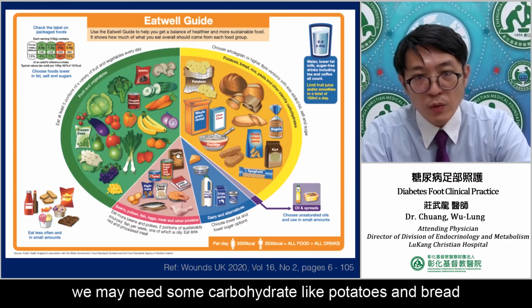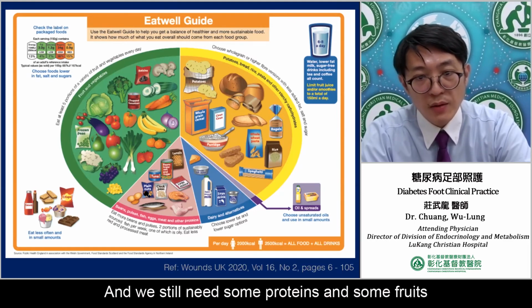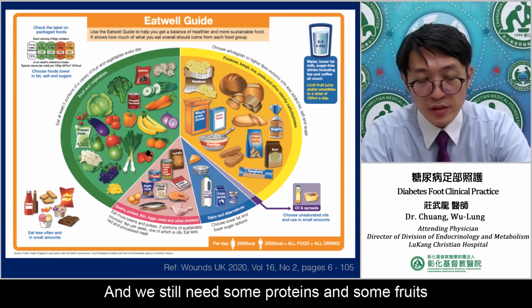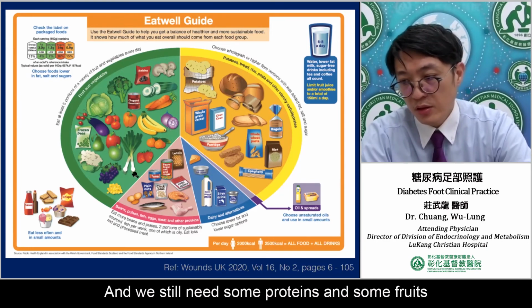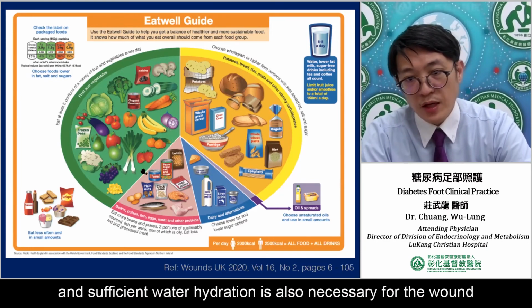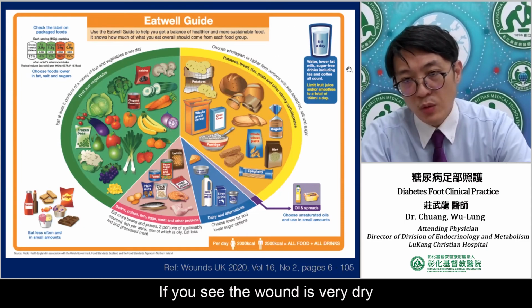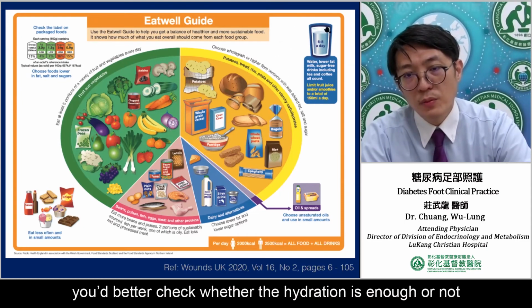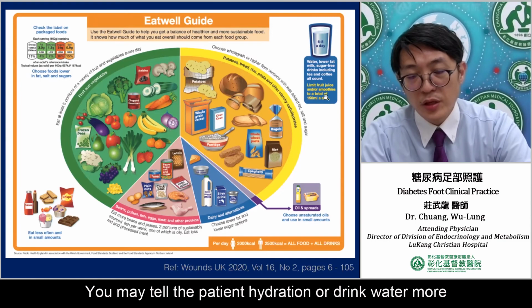In eating well, we need some carbohydrate like potato or bread, and we still need some proteins and some foods, and sufficient hydration is also necessary for the wound. If you see the wound is very dry, you better check whether the hydration is enough or not. You may tell the patient to hydrate or drink water more.